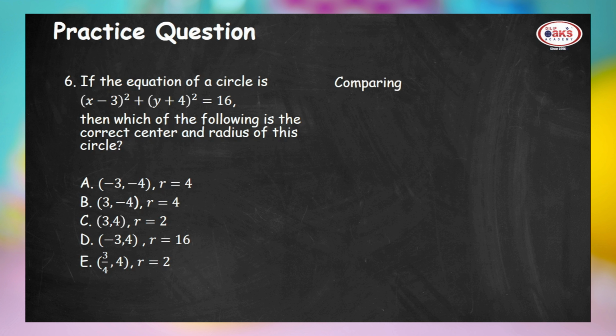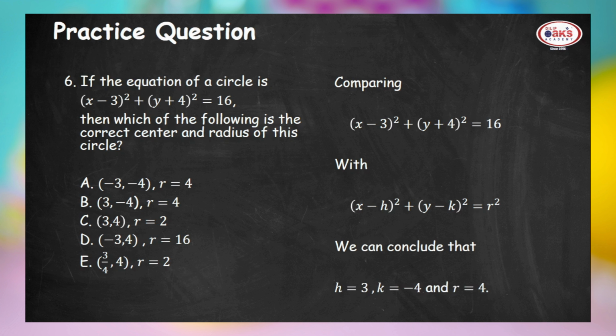So what we will do here is compare the given equation with (x - h) the whole squared plus (y - k) the whole squared equal to r squared to obtain that h is equal to 3, k is equal to -4 and r is equal to 4.